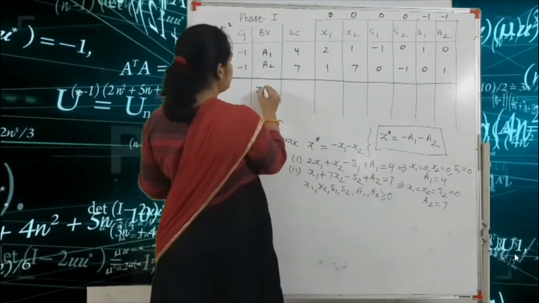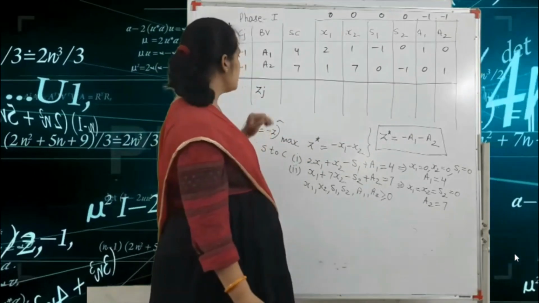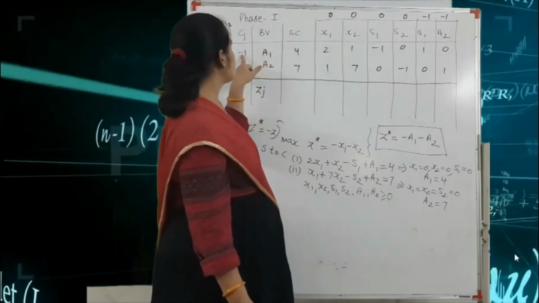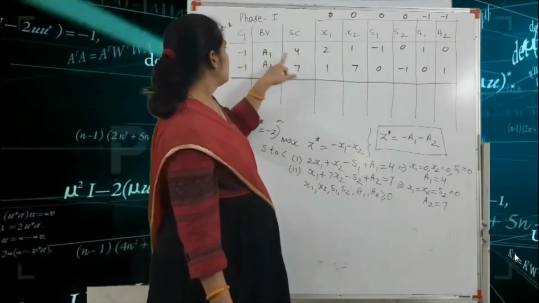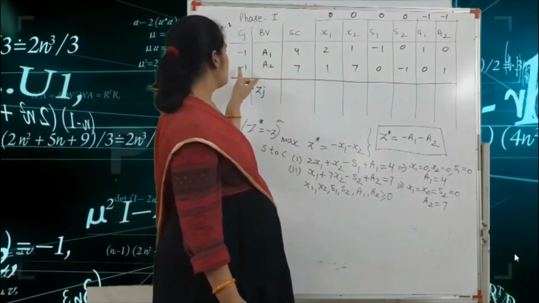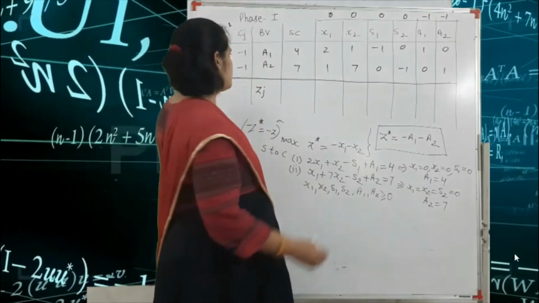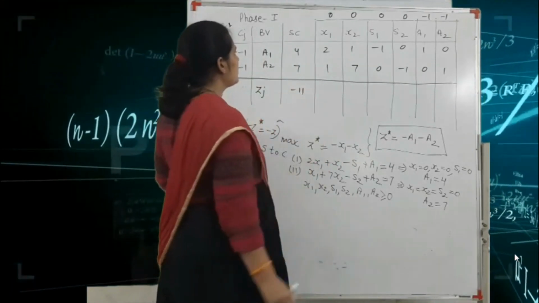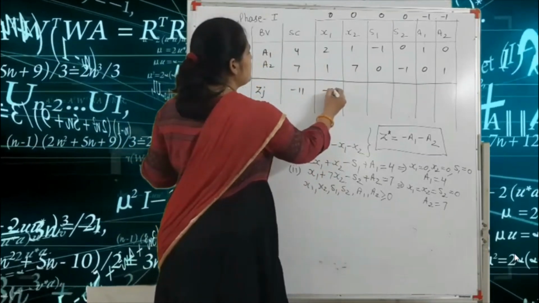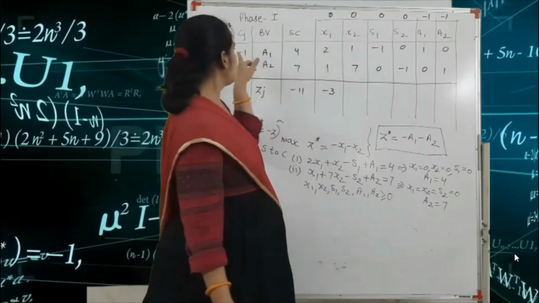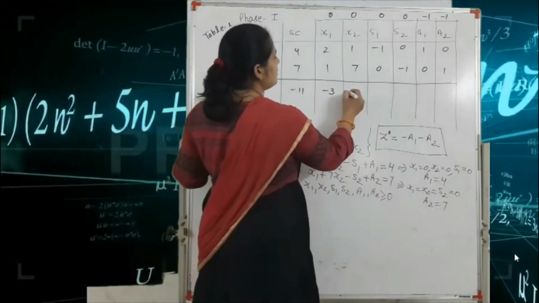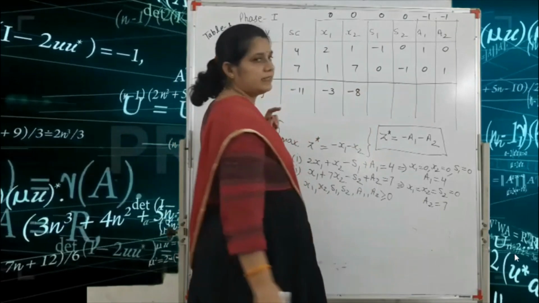After that we find the zj value. Okay, so zj is equal to what? Zj is minus 4 plus minus 7, that means minus 1 into 4 plus minus 1 into 7, so we write here minus 11. Then 2 into minus 1 plus 1 into minus 1 means minus 3. 1 into minus 1 is minus 1, plus 7 into minus 1 is minus 7, that means minus 8.